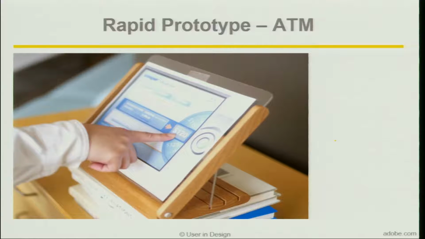Right, here's an example of an ATM that was being tested, a new ATM interface that was being tested. I want you to now understand how this was put together very quickly. Again, it's finally a piece of paper, but they have also positioned it at the right height, at the right inclination, all rigged up. You can see that they've put it on a bunch of books over here to get it at the right height.